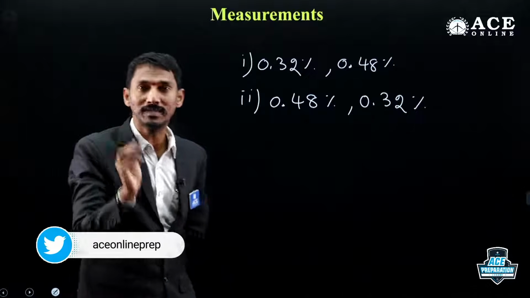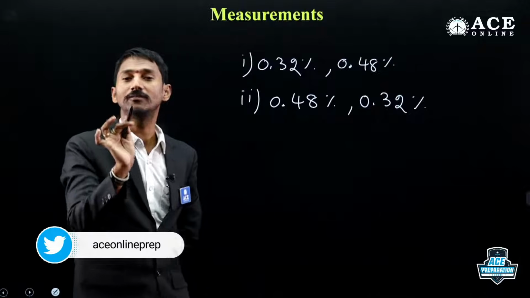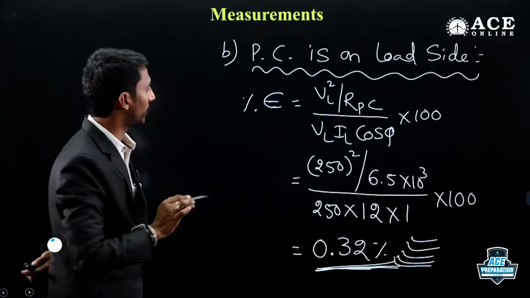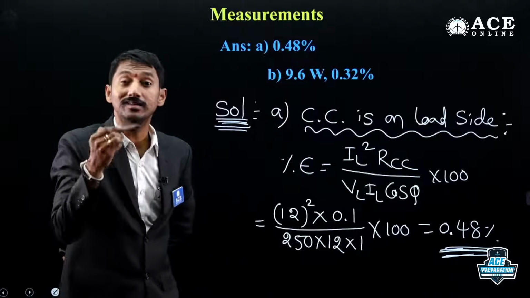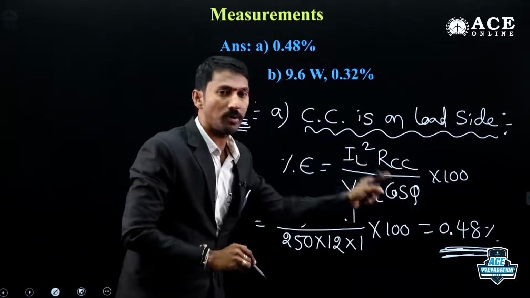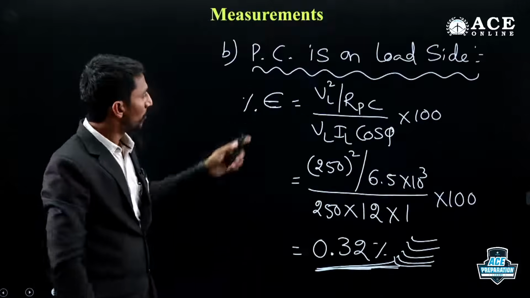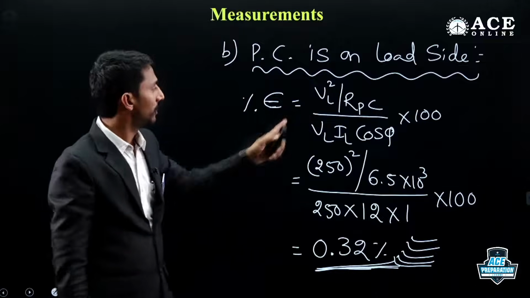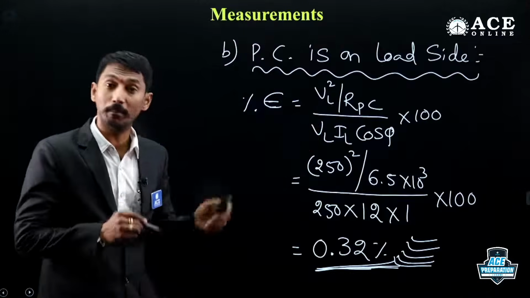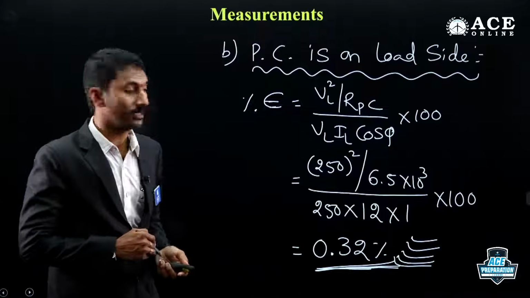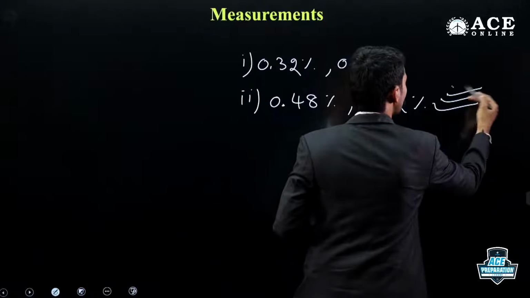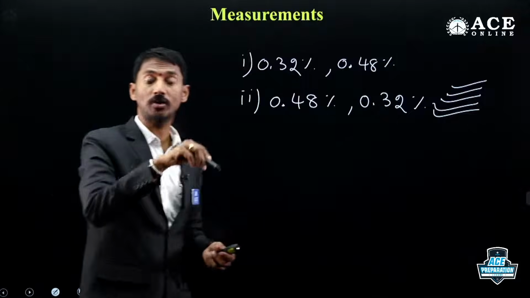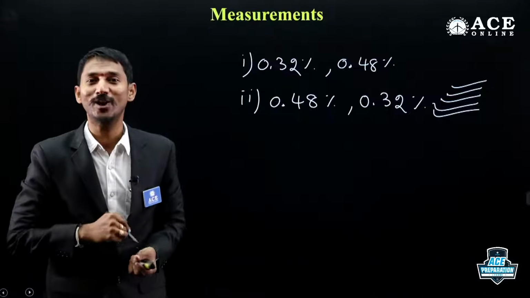That's why you must be able to recollect the formula compulsorily. Current coil on load side: automatically IL square RCC by the corresponding power. Potential coil on load side: VL square by RPC by the corresponding total power. Therefore the second option is the answer, because he asked first current coil on load side, second potential coil on load side.